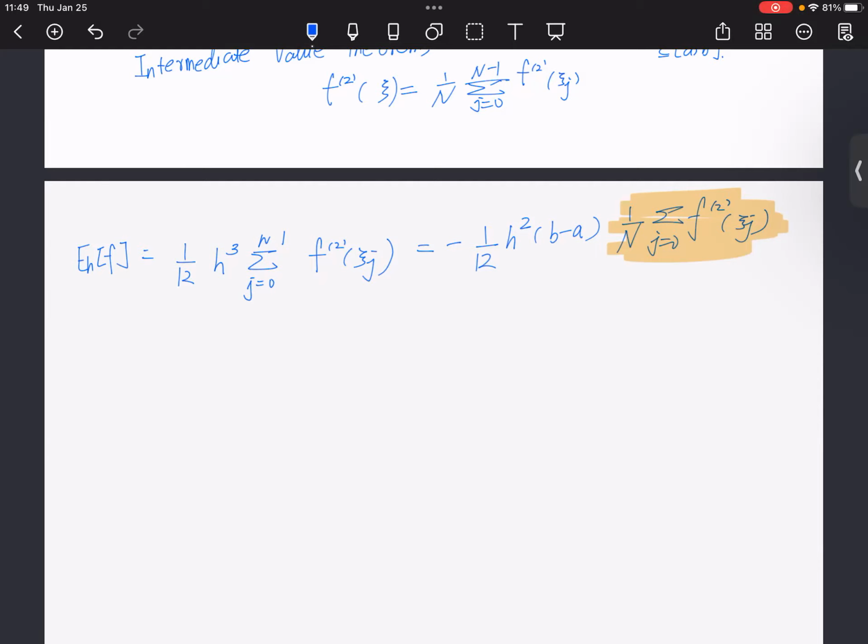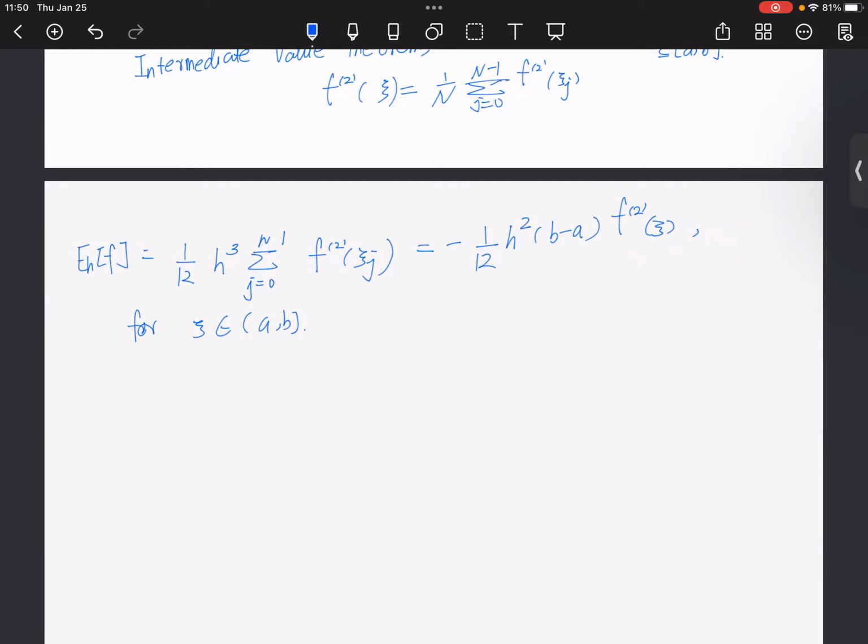So now things look like this. I can change it to the second derivative evaluated at C, for a C in the interval A, B. Does that make sense? And this is the error term. In this way, we write the CJ.